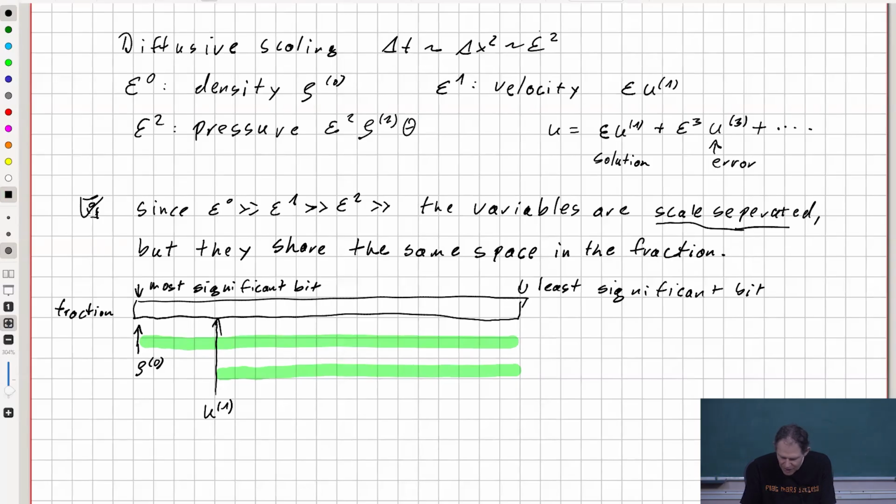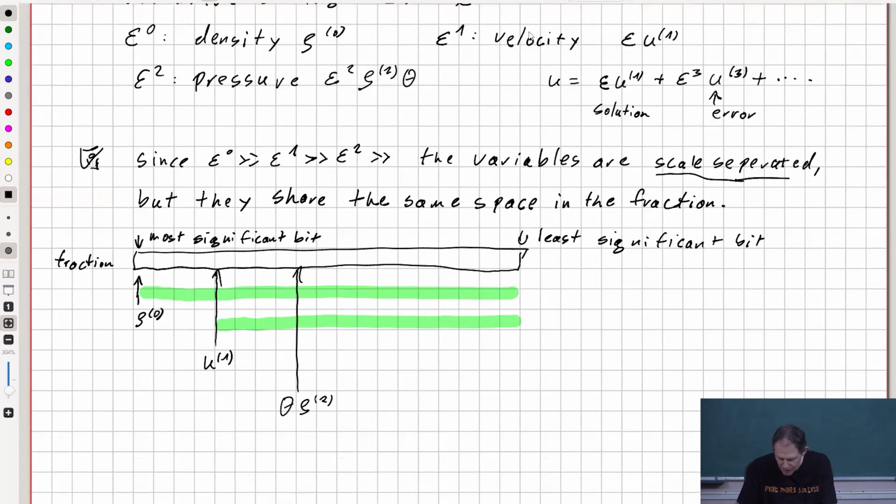Then, after this, we have something that's even smaller, yeah, namely, this would be theta times rho 2. This would be the pressure, and also we have the stress. The stress is also of second order, yeah? So these things, this kind of information, can occupy this amount of memory.